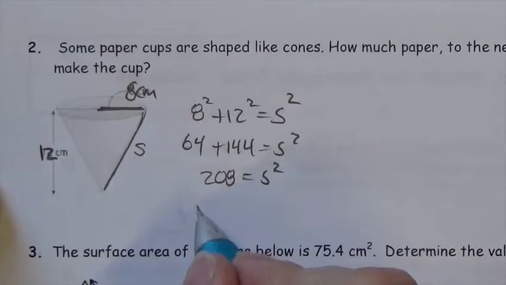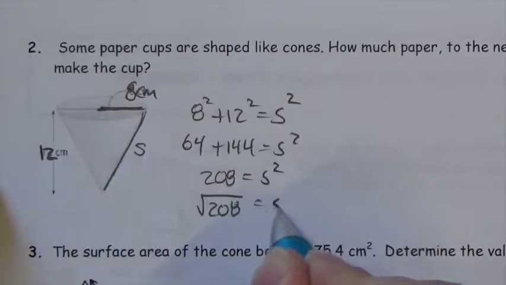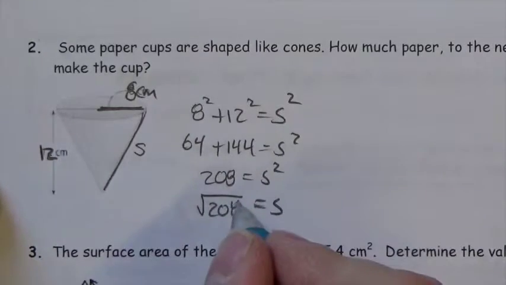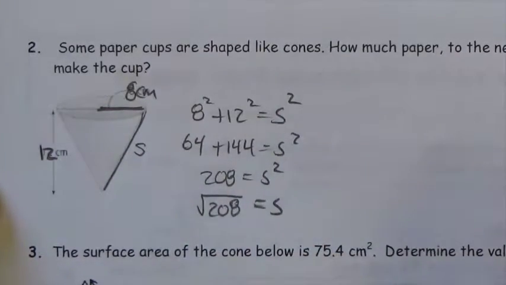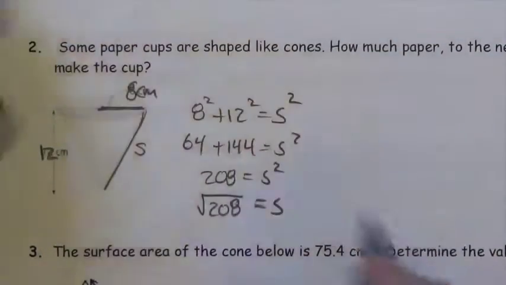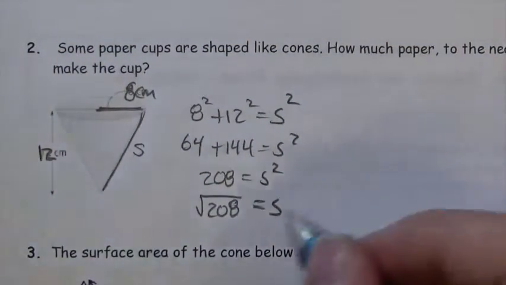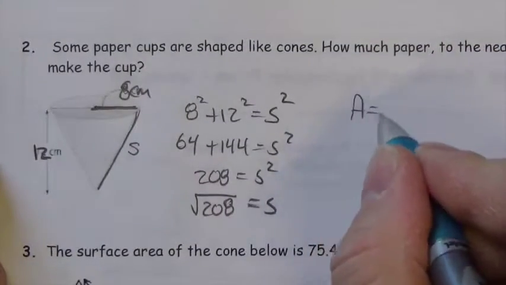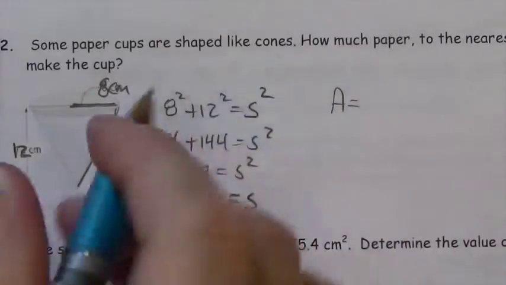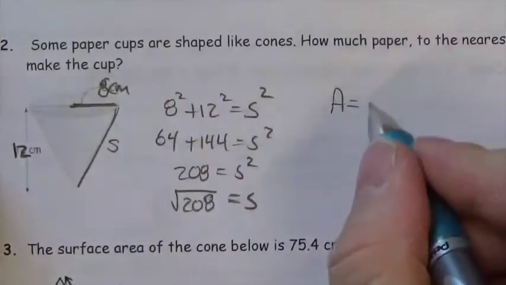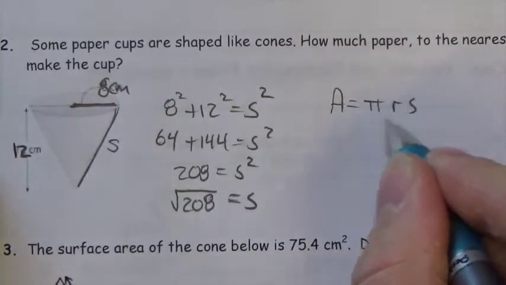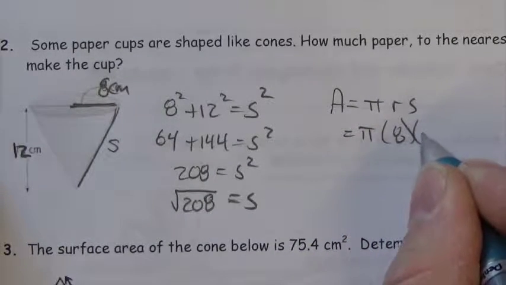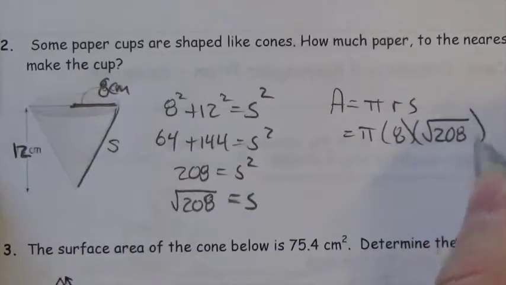And then I'll just take the square root of that, and it'll be the positive square root. I know that you could get a positive or a negative square root here, but it's got to be the positive square root. And I could simplify the radical here, but I'm going to be plugging this into the calculator in just a second, so I might as well just leave it as the square root of 208. The surface area of the part that I'm going to grab is simply going to be pi rs, in this case pi times 8 times the square root of 208.